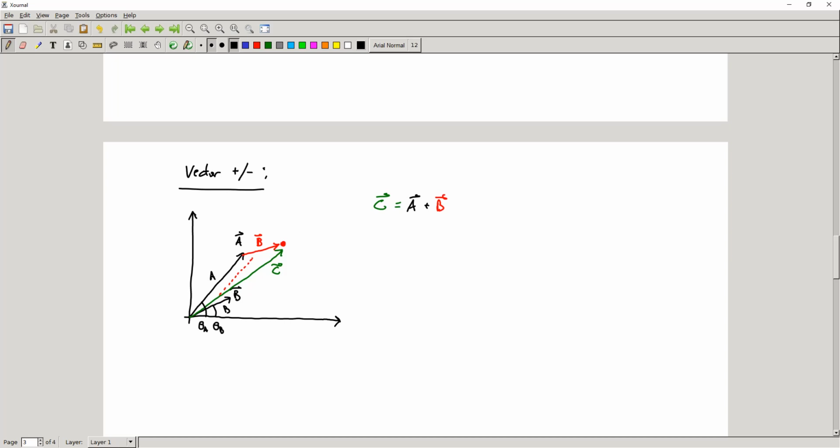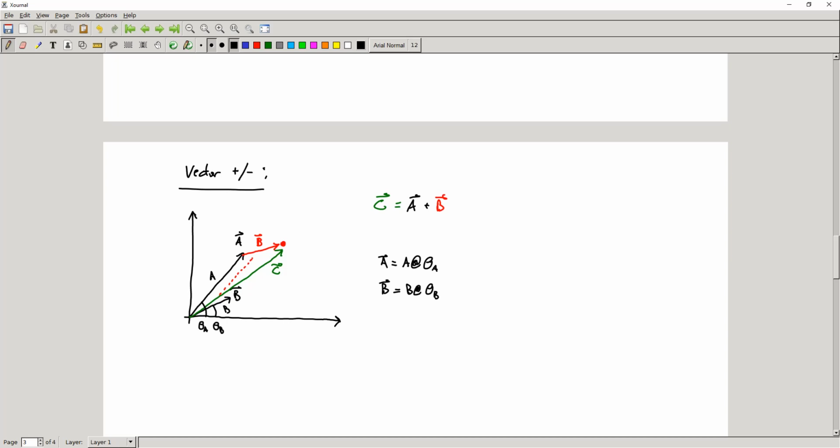So we would have A written like this, and B written in this way. And it would be a little tricky to add these up because you'd have to do a bunch of trigonometry. You'd have to find out where the point that A pointed to was, and then build another triangle off of that. But there's a much easier way.